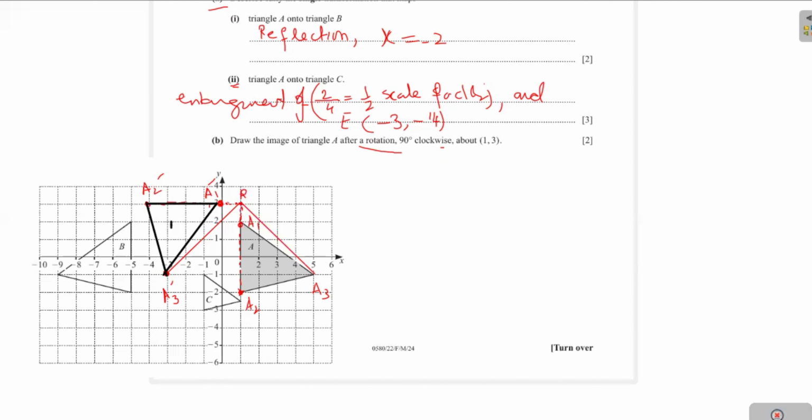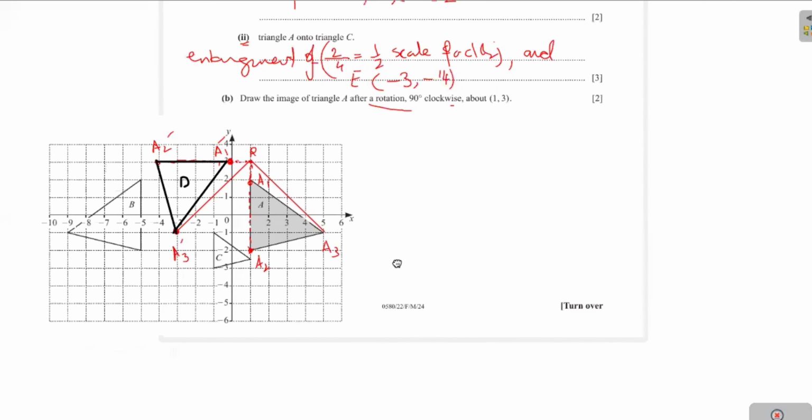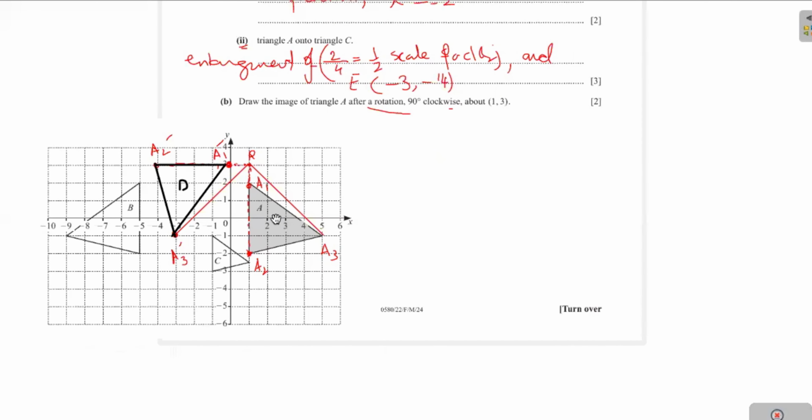This figure is the rotated figure of figure A, 90 degree rotation clockwise about 1, 3. This is the transformation of the triangle A after rotation 90 degree.